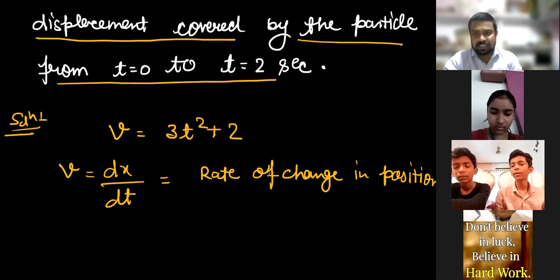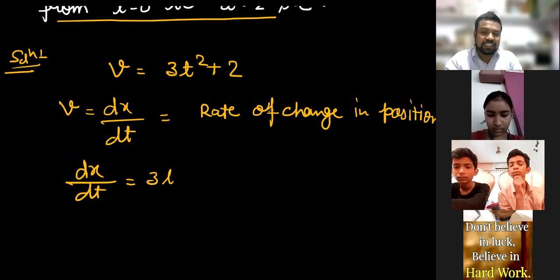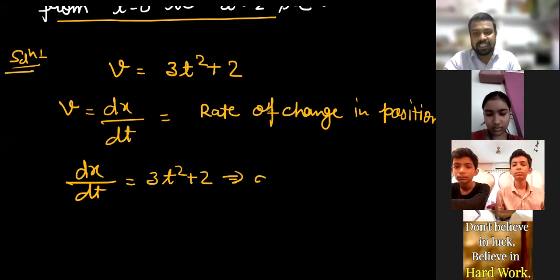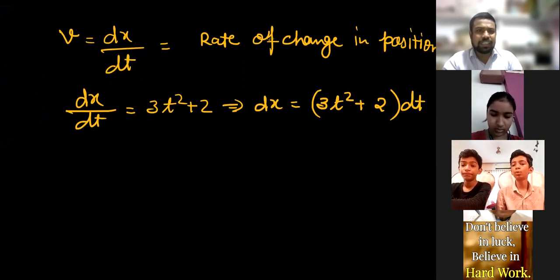So simply the question says that dx over dt is equal to 3t square plus 2. Taking a cross multiplication, dx is equal to 3t square plus 2 into dt. Now taking integration on both sides.